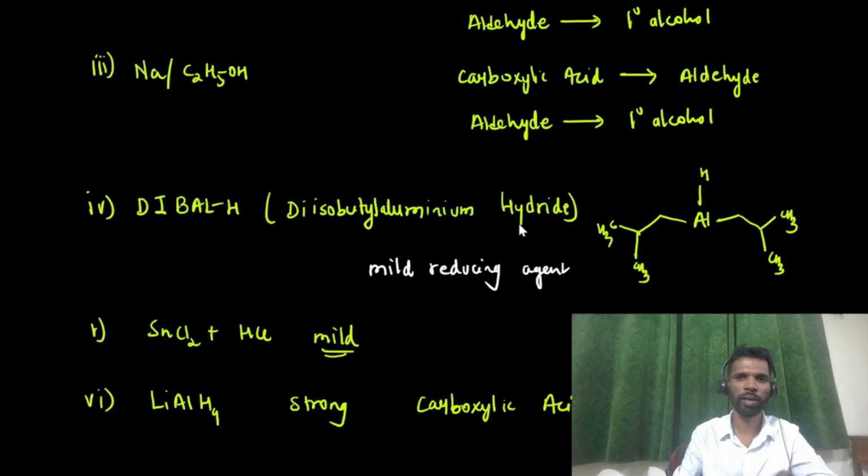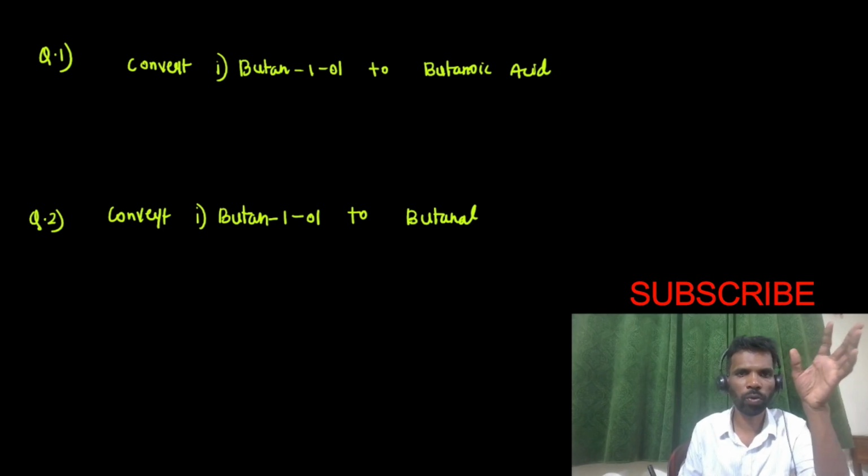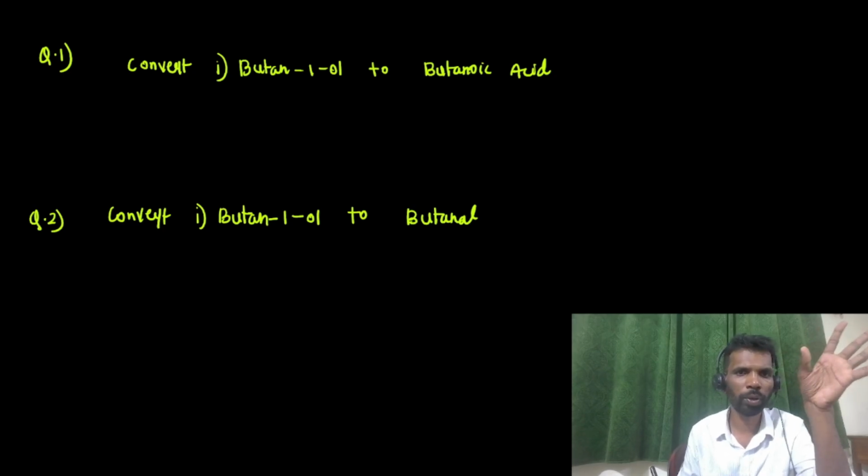So we'll take one example of how the questions could be asked based on this type of reaction, so that you get to know how to apply all the tricks which we have studied just now. So here is the question. Convert butan-1-ol to butanoic acid.